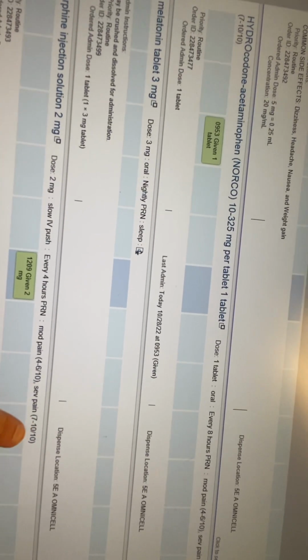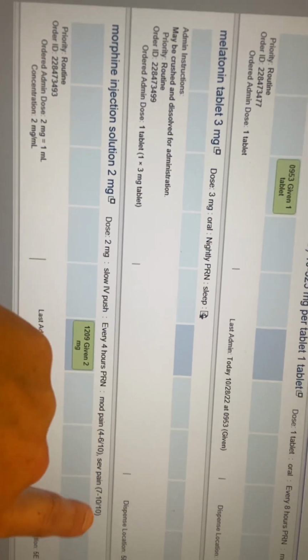So let's just look at a MAR, and I'm going to try to show y'all the best I can. Okay, so we have here Norco ordered every 8 hours for moderate pain, 4 to 6, or morphine ordered for severe pain of 7 to 10.